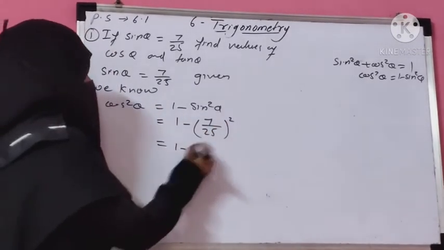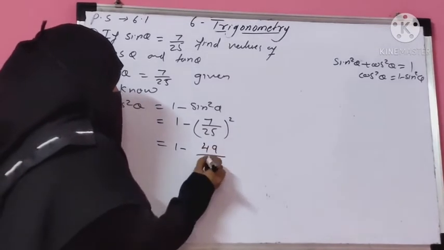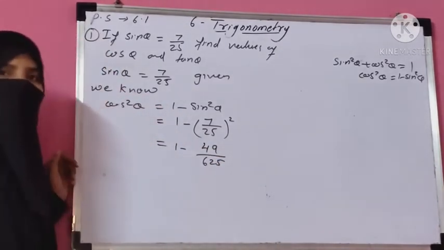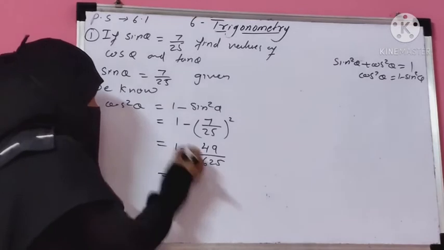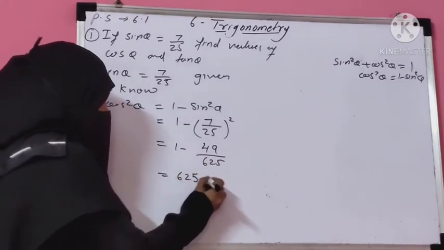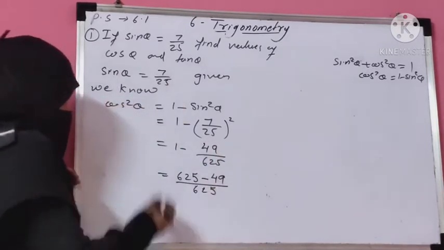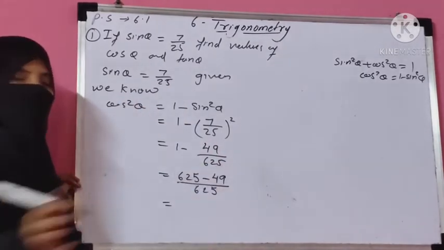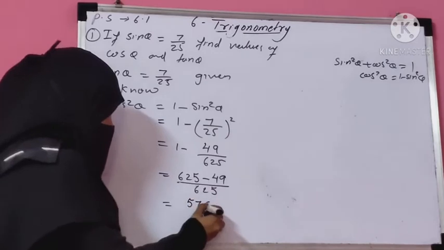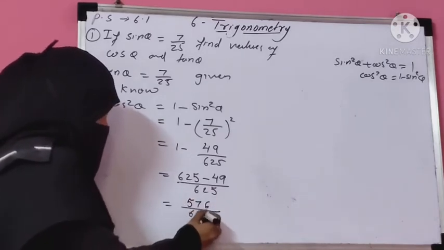Next step, 1 minus 49 upon 625, because 7 square is 49 and 25 square is 625. Now cross multiplication: 625 minus 49 divided by 625. Subtract 49 from 625, then you get 576 upon 625.